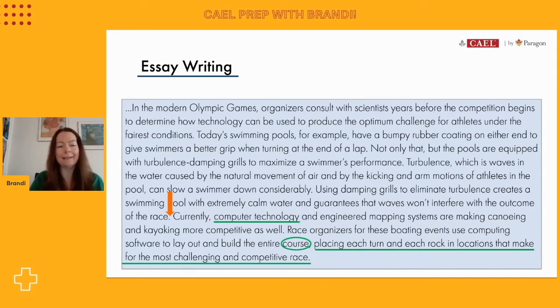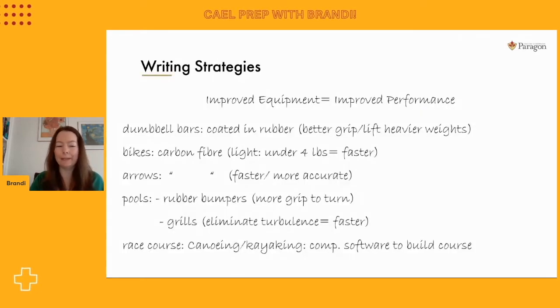So I think I can see how this would allow an athlete to perform at their best by challenging them with a more competitive course. It pushes the athlete to develop their skills and demonstrate a higher ability level when they're coming down this type of course. So I think we can add that into our notes here too. So we'll say race courses in canoeing and kayaking specifically are using computer software to build that course.